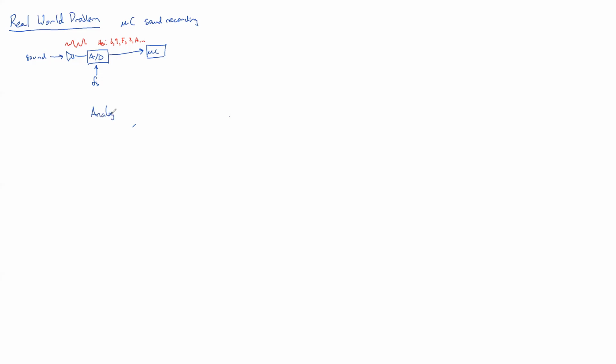Let me talk about this analog to digital section, also called an A to D, a little bit more. So we have our sound, and our sound maybe starts to be low and gets to be pretty high frequency, and we're going to sample it.